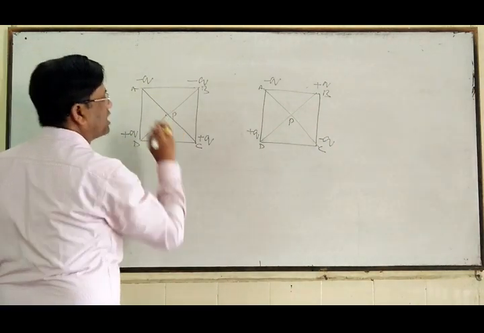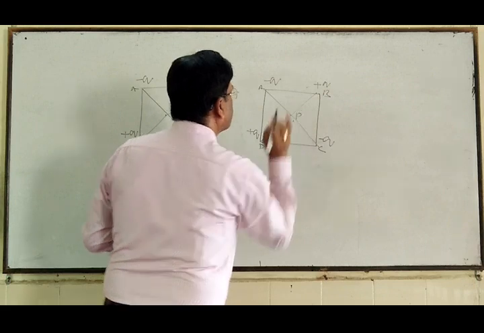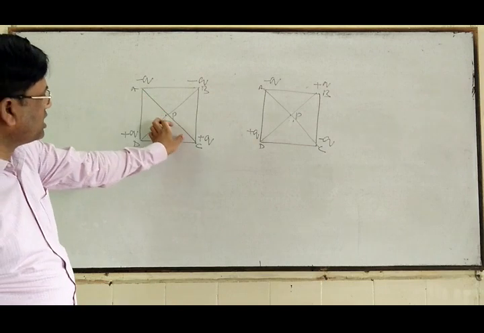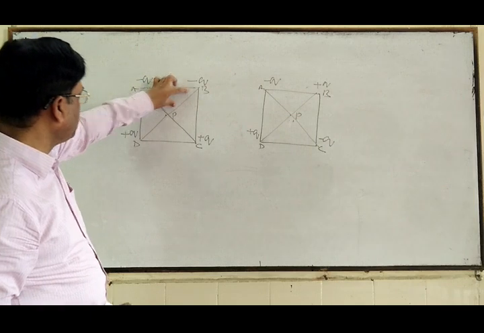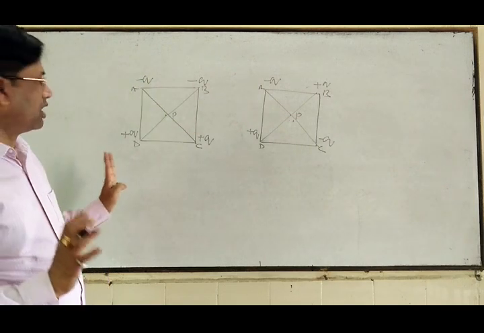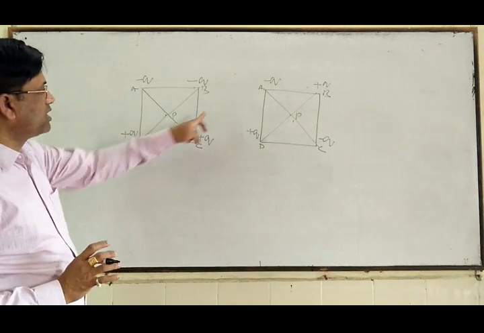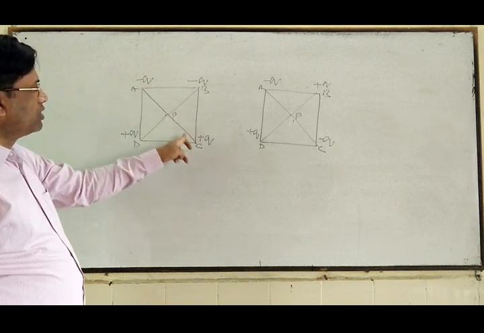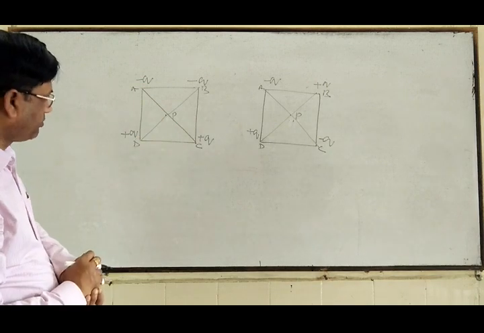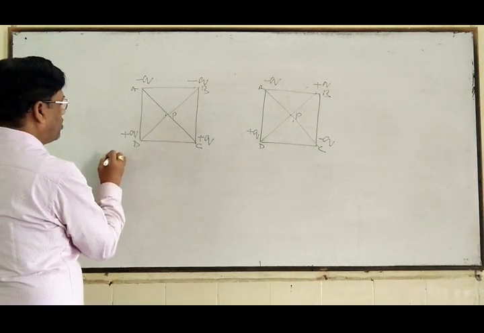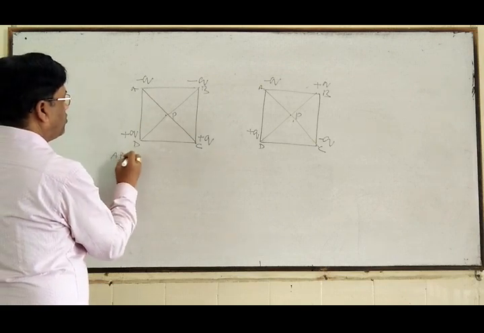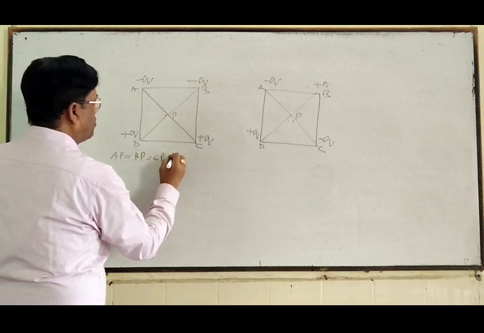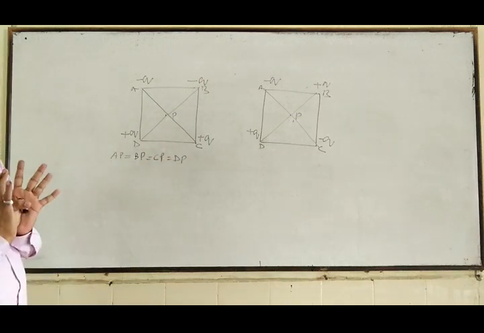You have to find the electrical potential at P. So you know in a square these distances AP is equal to BP is equal to CP is equal to DP. All these distances are equal. If this side is a, and this is a, then this diagonal will be the square root of a square plus a square. This you know well.